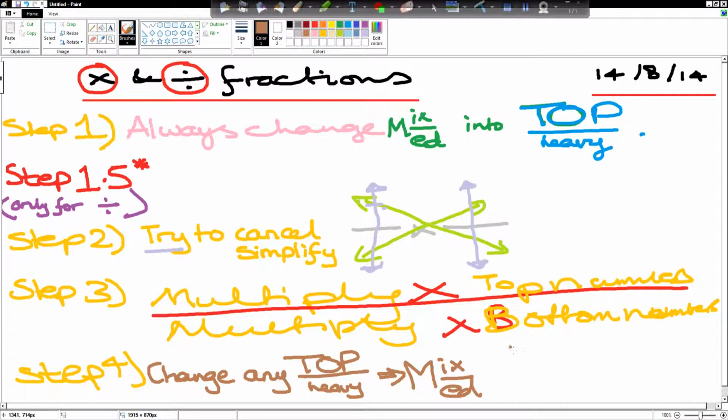Now, if you look at step number 2, if you haven't cancelled or simplified as much as you can at that step, you will find that at the end you can cancel again. So we put that back in now. Change the top heavy back into mixed and cancel again if you can. Sometimes you forget, you haven't simplified properly.